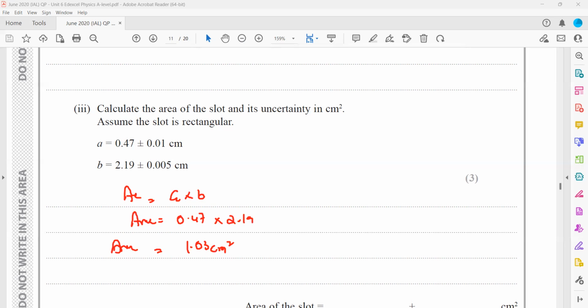Now to work out the uncertainty. Uncertainty always adds, but in this case we don't add the uncertainties directly. We first work out the percentage uncertainty.